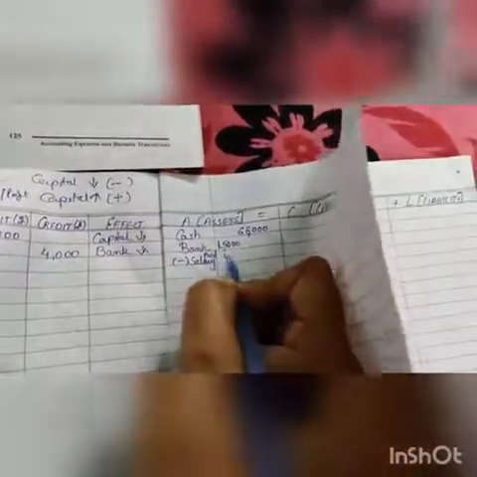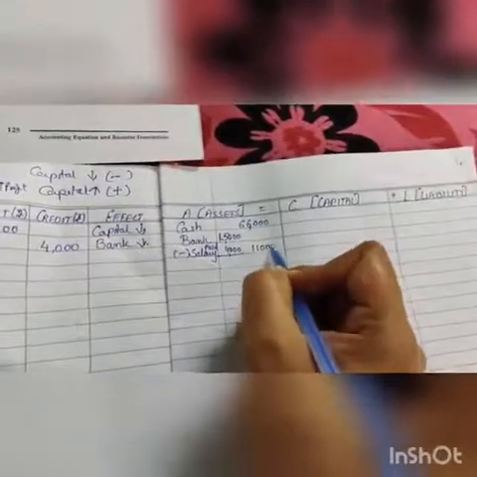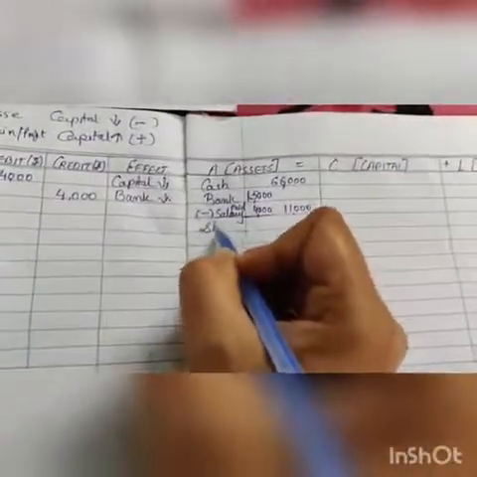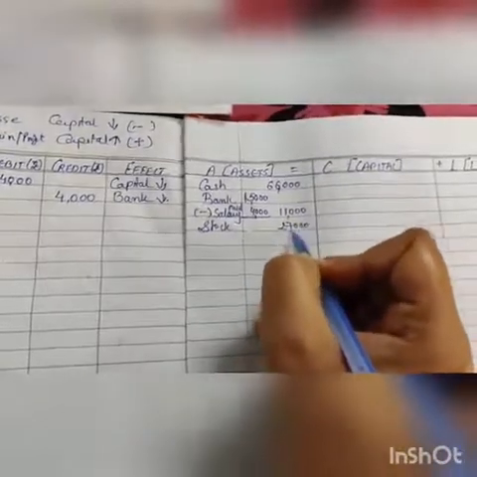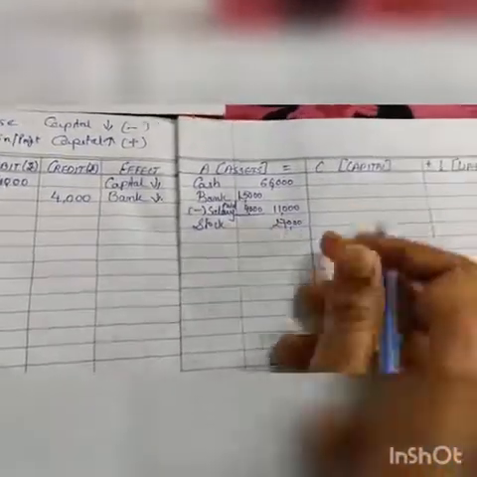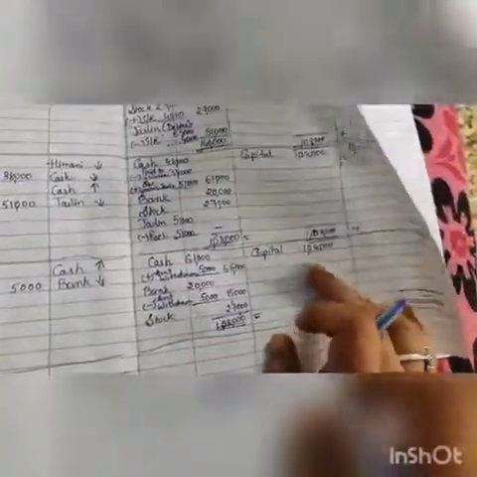So what you will get is 11,000. Then next after bank is stock. Stock is 27,000, write it down as it is. Clear? Now nothing more is on the asset side. Now capital, here only one item is there, that is 1,08,000. Here liability, nothing is there.